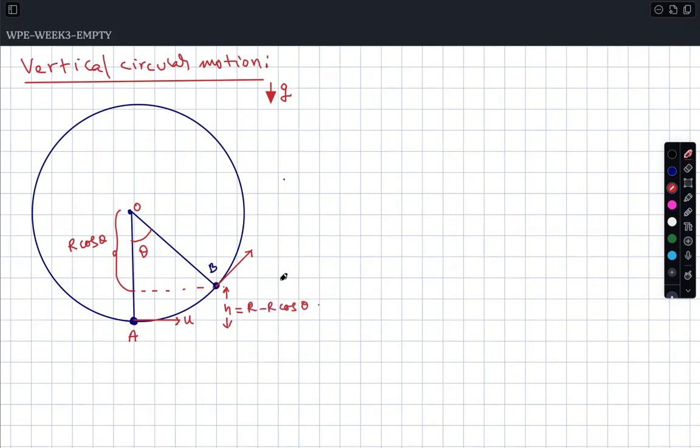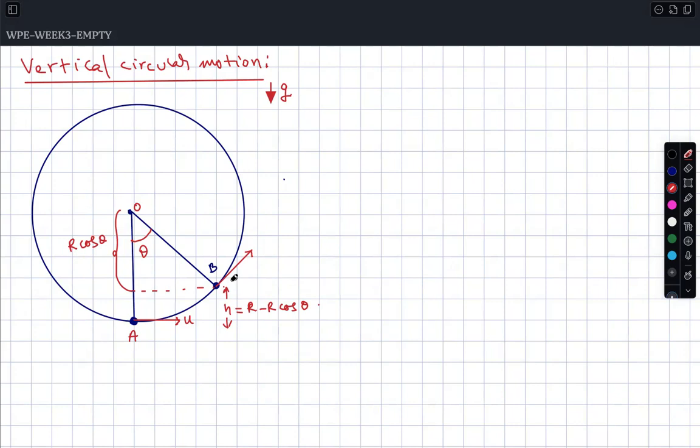We are not considering any air resistance. Tension does zero work. Right. Can I apply the law of conservation of energy to this situation? How are you confident that you are allowed to apply it? Tell me.